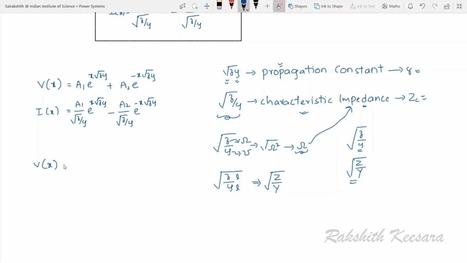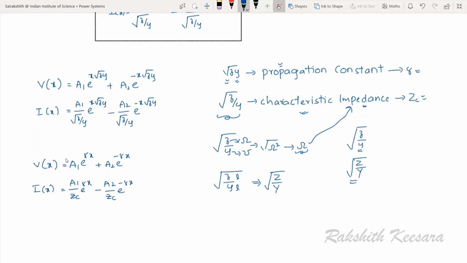So I am using these two notations in these equations. This will become V of x is equal to A1 e power gamma x plus A2 e power minus gamma x. I of x will be equal to A1 by ZC e power gamma x minus A2 by ZC e power minus gamma x.